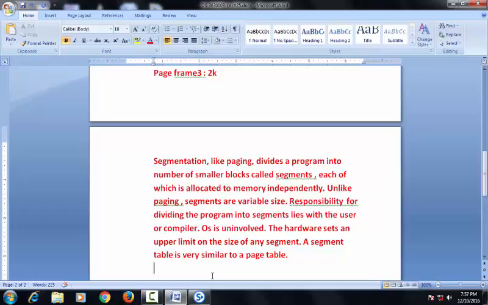So we need to perform the address translation as per the segment. Address translation must take place in the segmentation technique. In order to achieve the address translation, we require a segment table, which converts a logical address to a physical address. The logical address refers to the hard disk segments, and the physical address refers to the address of primary memory or physical memory. Okay. So a segment table is very similar to the page table.